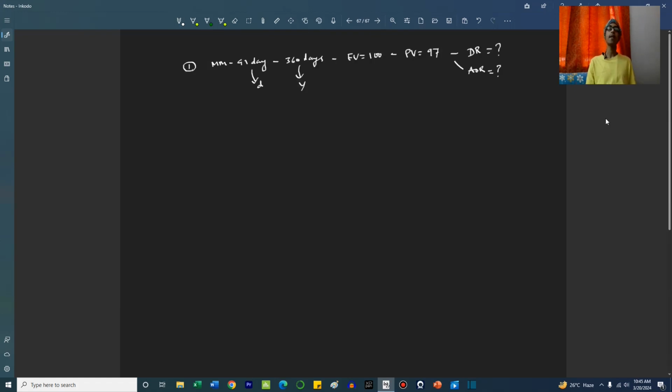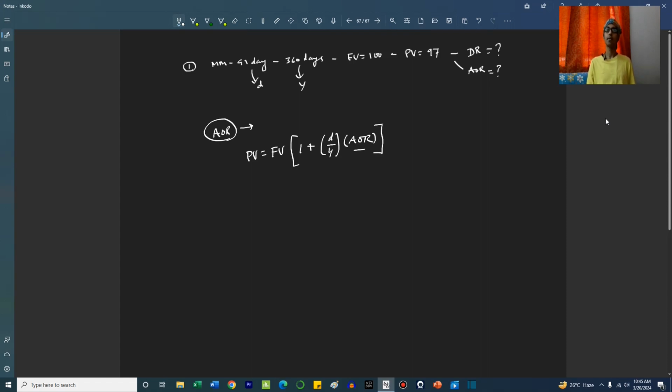Now we are going to find the add-on rate. So we know that FV is equal to PV multiplied by 1 plus d by y into AOR, right? So from here we again have all the information except the AOR, which we can deduce from the other values.